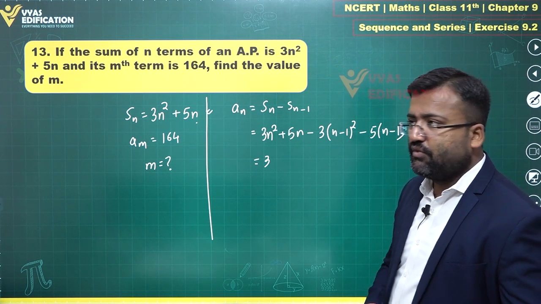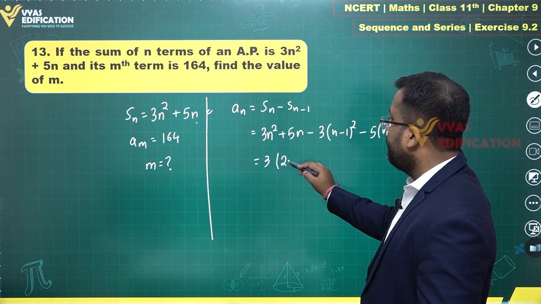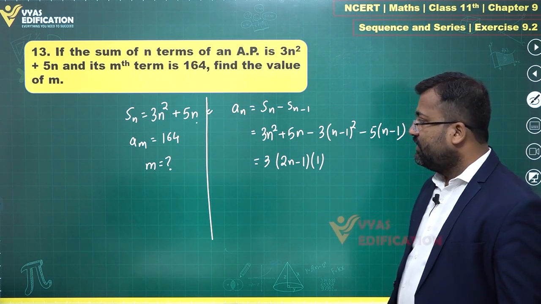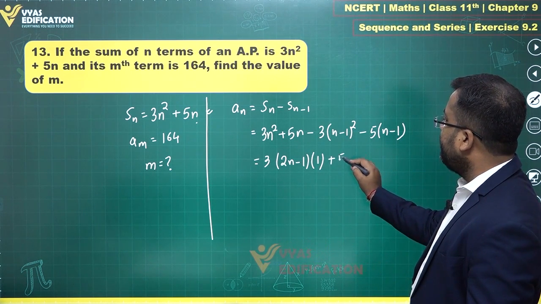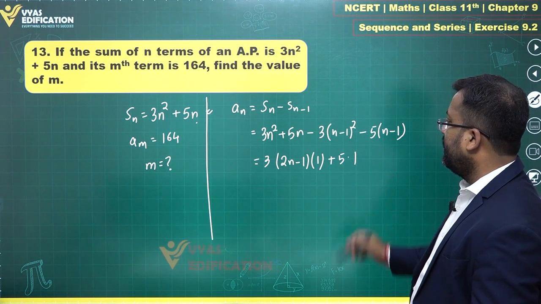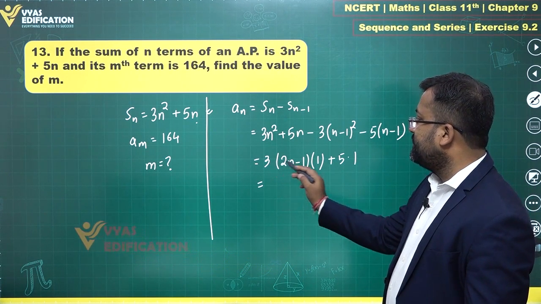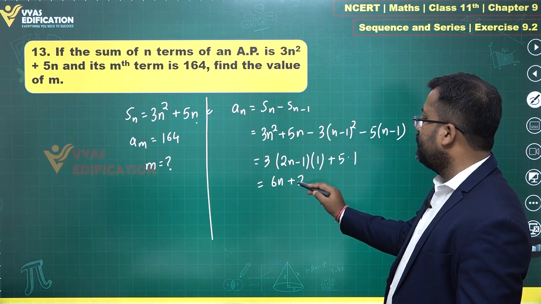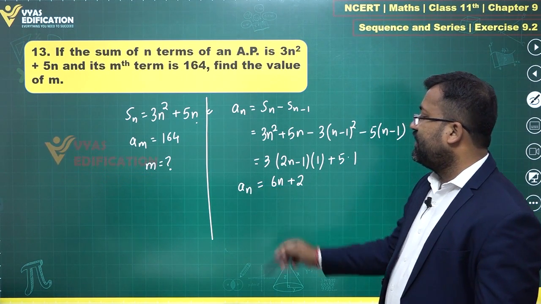This is a square minus b square, which will be (a plus b)(a minus b), and n minus (n minus 1) will be 1. Plus 5 times n minus (n minus 1), this will be 1. So this becomes 3 times 2 is 6n, minus 3 plus 5 is plus 2. This is an for us.